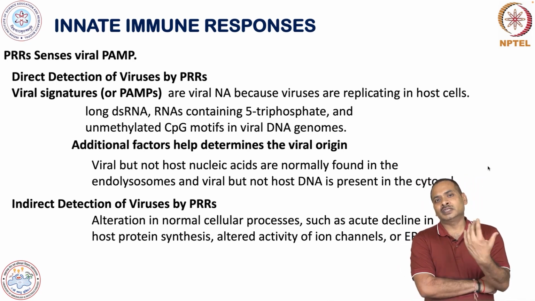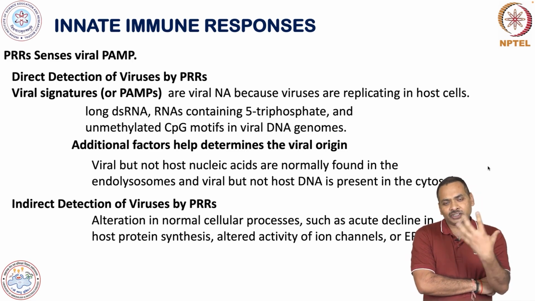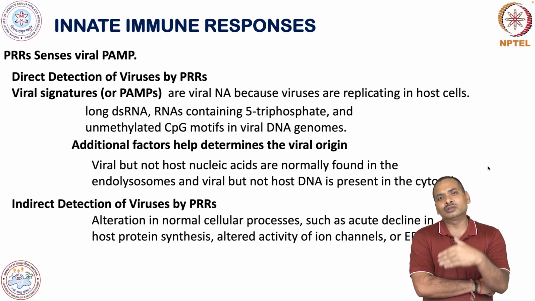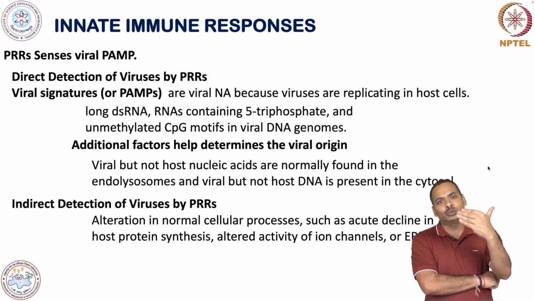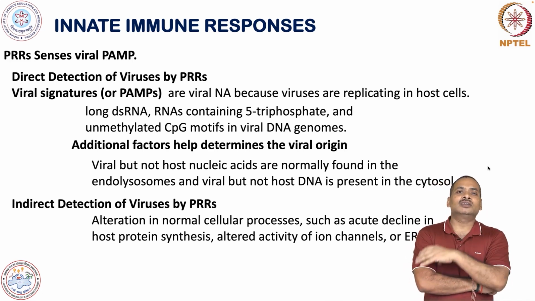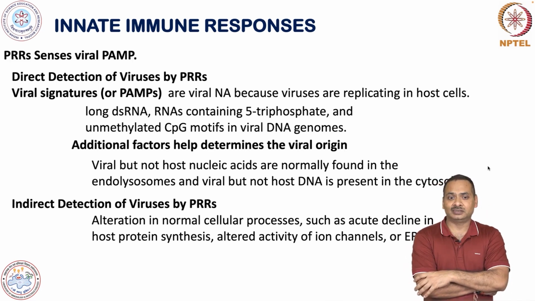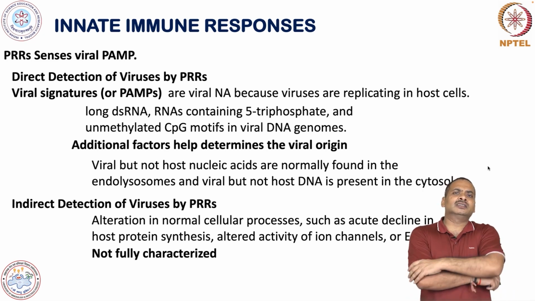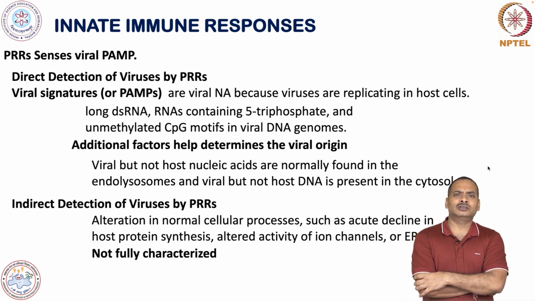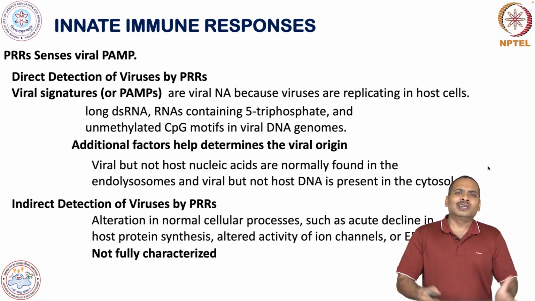So basically the virus skews the cell machinery for its own benefit, and since it is taking too much benefit, the cell also senses those things. So these are the indirect sensing of virus by PRRs. However, it is not very well characterized.